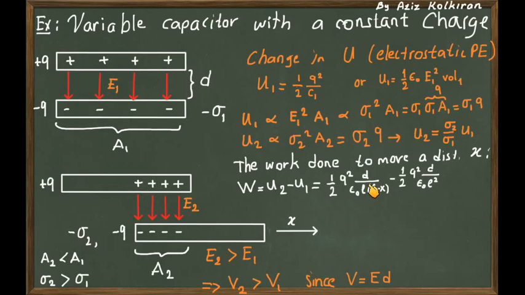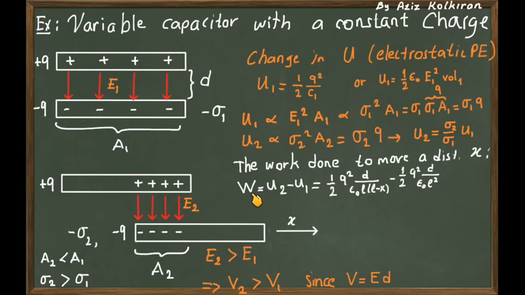But what is U2 in terms of the charge and the capacitance? Well, in the second case we have a smaller area A2, and if this distance is x, it is just L times L minus x, because the plates are square with side L. If you decrease one side by x, the area will be not L squared but L times L minus x.